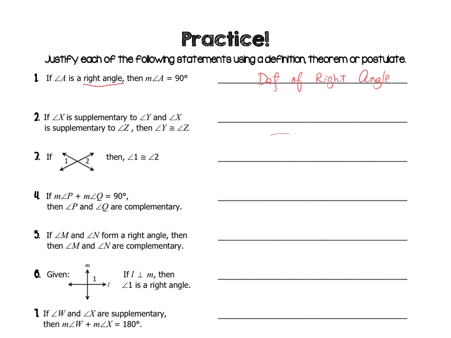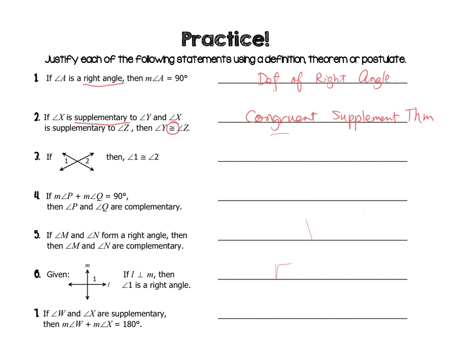So this is very much like the transitive property, right? And it has the keyword supplement here. So this is the congruent supplement theorem. And the congruency is here, right?